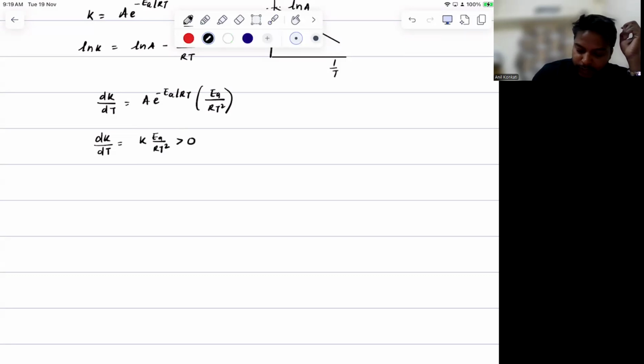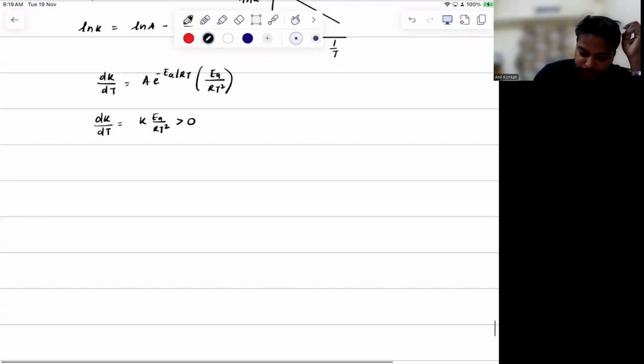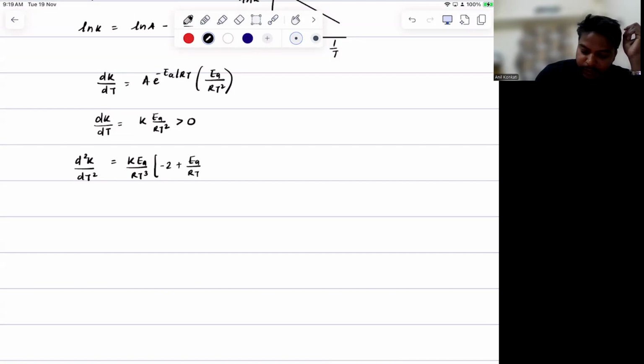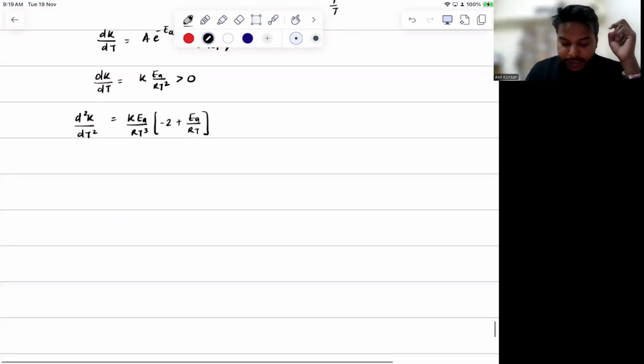That makes this positive here. Right? So if at all I differentiate it one more time, that is d square k by dT square, if you multiply that, I am going to get a value like this: k EA by RT cube into minus 2 plus EA by RT. Here. Now here we get a condition.